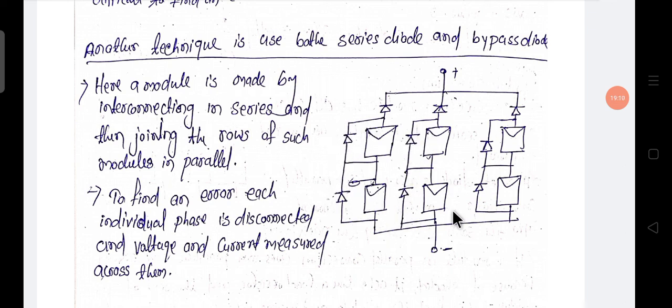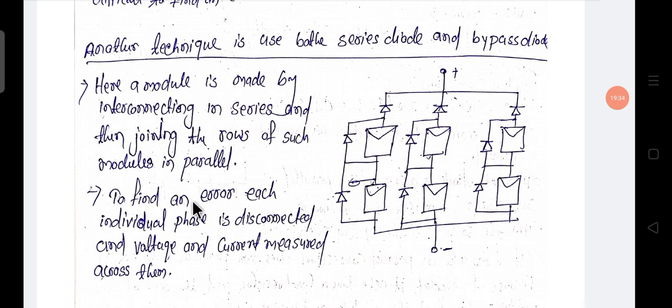This is the difference, and this is the advantage of this connection technique. Here a module is made by interconnecting in series, and the rows of such modules are joined in parallel. First the modules are connected in series, and that one row is connected in parallel.